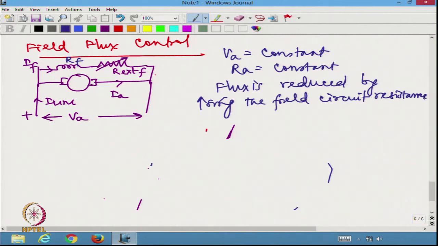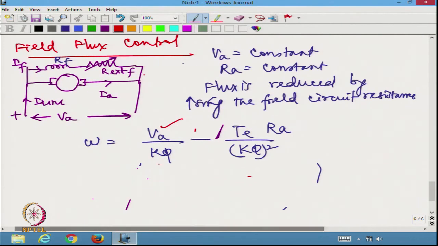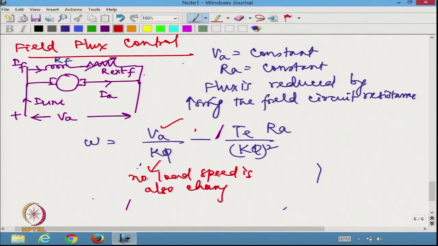So, whenever I am going to have field flux reduced, you think about it, omega is equal to VA divided by K phi minus TE divided by K phi whole square multiplied by RA, right. So, you are going to have, even for a constant value of VA, the no load speed is also changed.